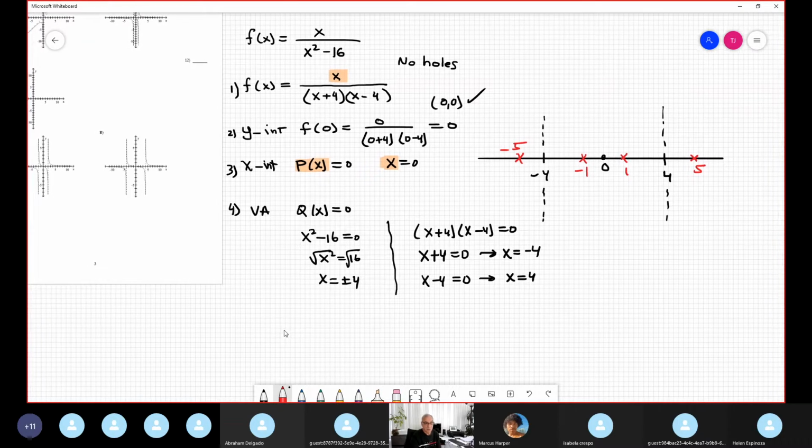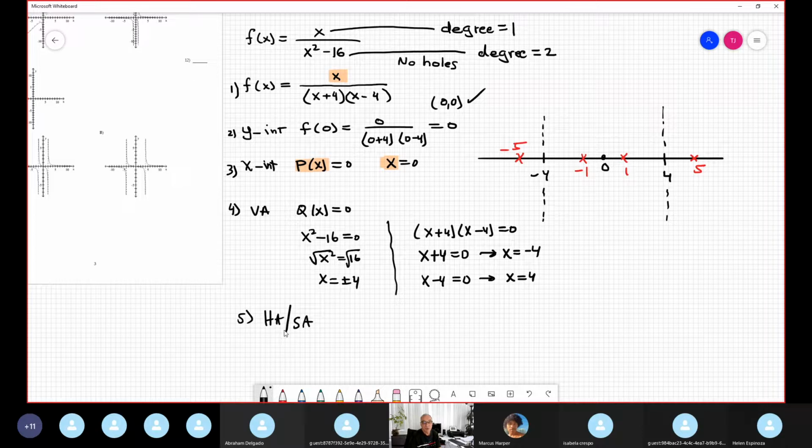Now, what is the next step? No, the next step is the most complicated step, which is horizontal or slant. Now remember the analysis of the degree. The degree of the polynomial in the numerator is 1, and the degree of the polynomial in the denominator is 2.